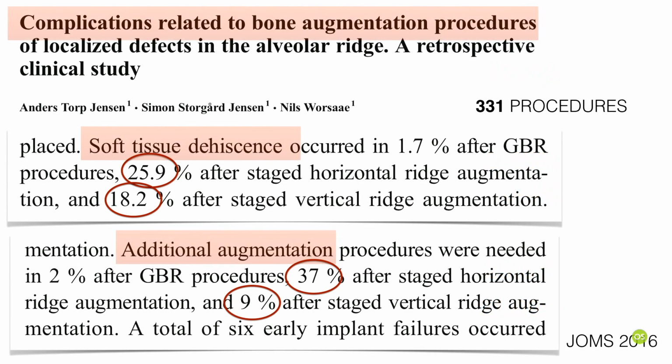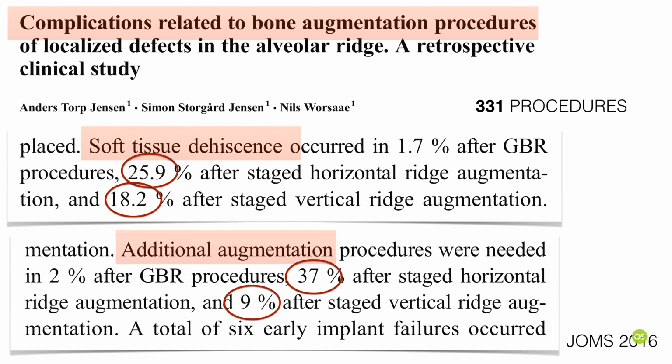In a very recent publication, from 2016, we can still see these numbers very high. We have 25% complications after staged horizontal ridge augmentation and 80% after staged vertical ridge augmentation.